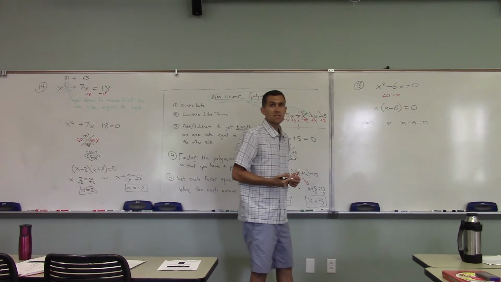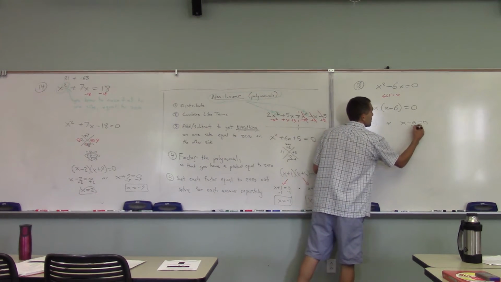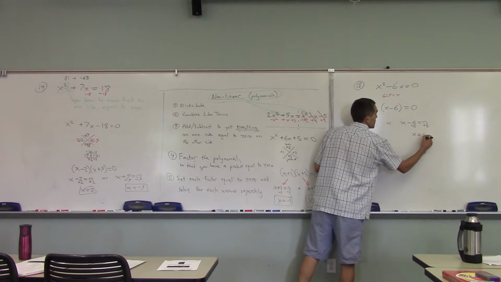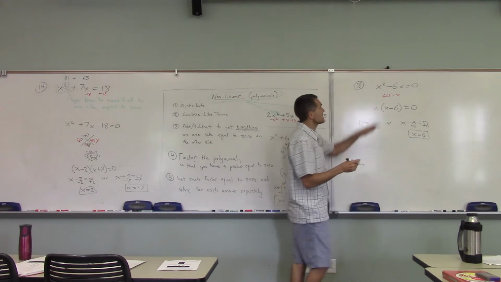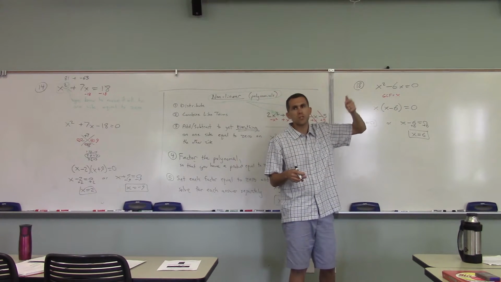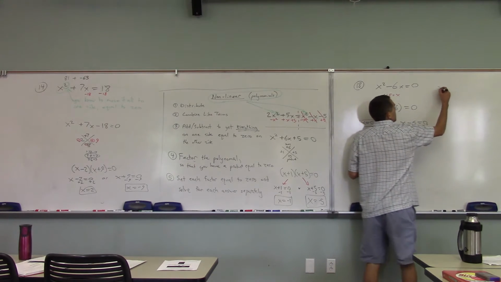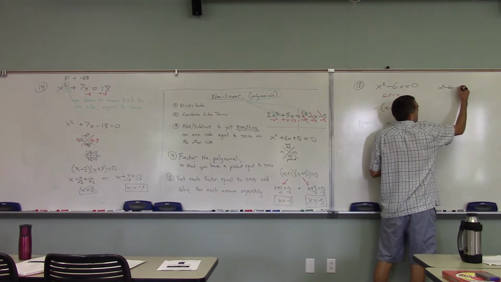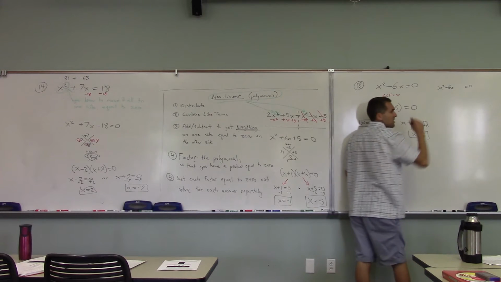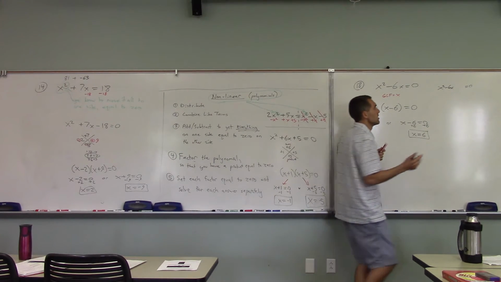The process is the same. People get scared because they see an x squared minus 6x, so immediately they're thinking of a 3-term polynomial. They're thinking, well, that's x squared minus 6x plus something equals 0. What's that something? And if you want to write something in there, go for it. What number is that?